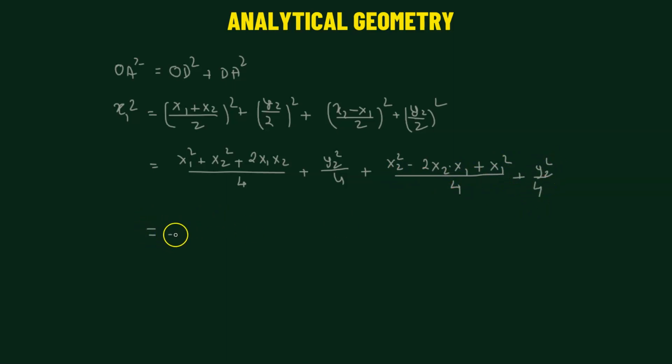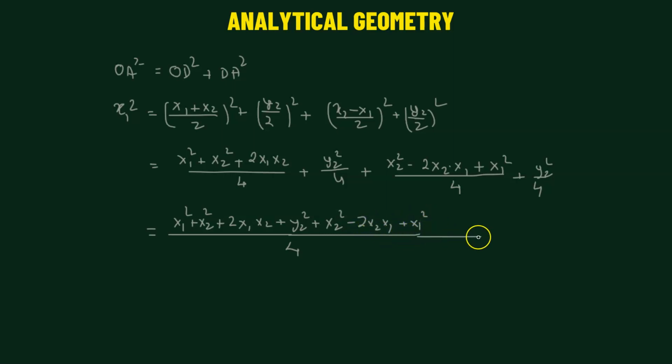So we have a common denominator of 4. Let's take the common denominator and add up all the terms in the numerator: x1 squared plus x2 squared plus 2 x1 x2 plus y2 squared plus x2 squared minus 2 x2 x1 plus x1 squared added to y2 squared.